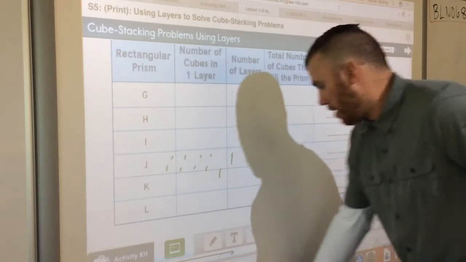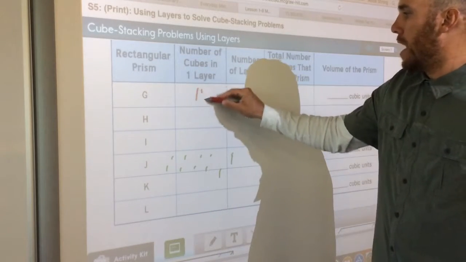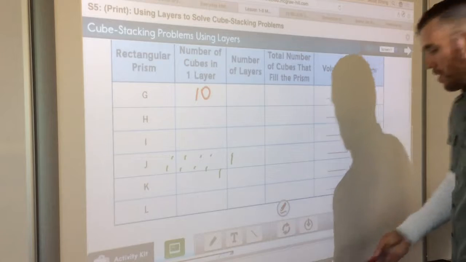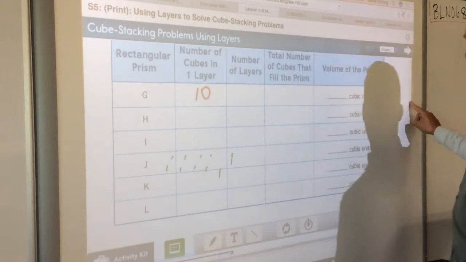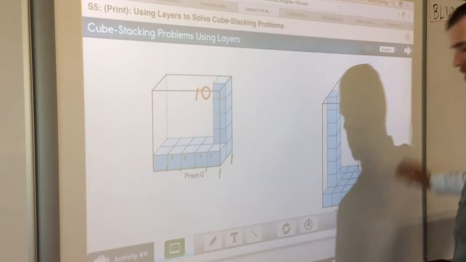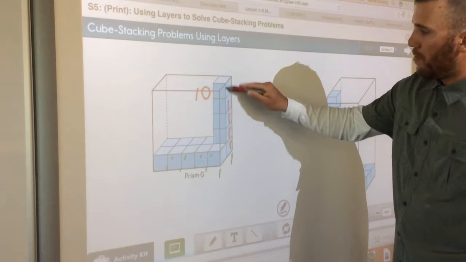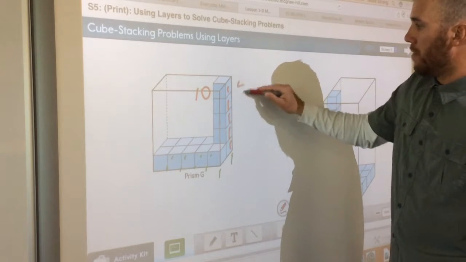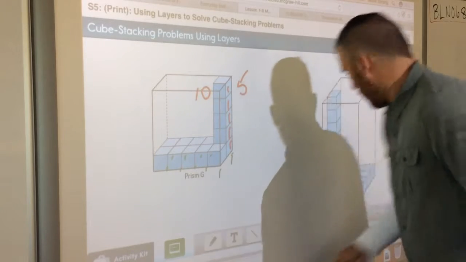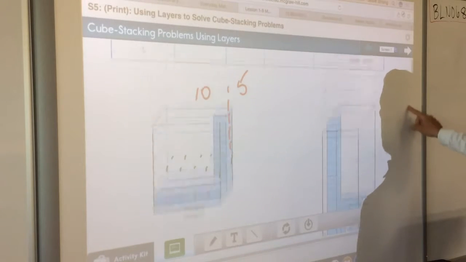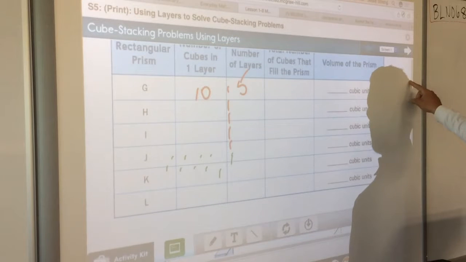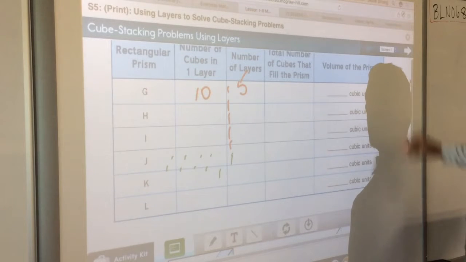For G, number of cubes in layer 1 we said was 10. Okay, number of layers, let's go back down. 1, 2, 3, 4, 5. There's 5. Okay, so I go back up. And we put 5 in number of layers.